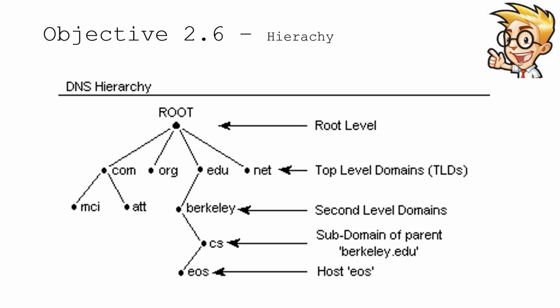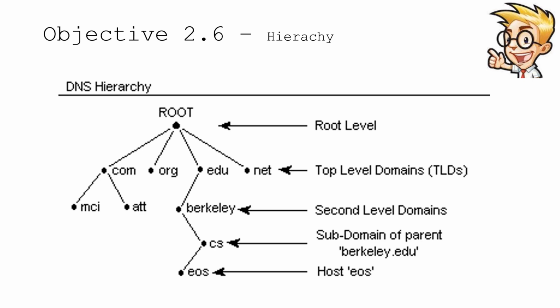Here's a very simple visual representation of this hierarchy from the perspective of the root. We'll start at the top with a period. This designates the end of the fully qualified domain name. And working backwards, we would have a .com, a .net, a .edu, and others.